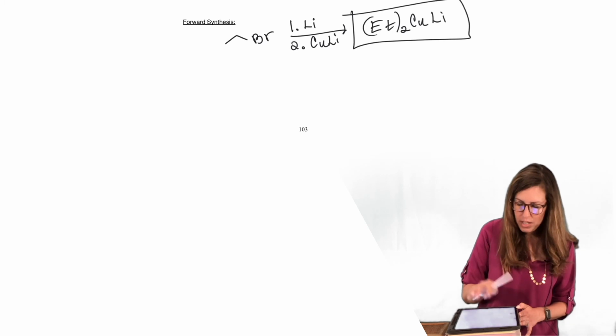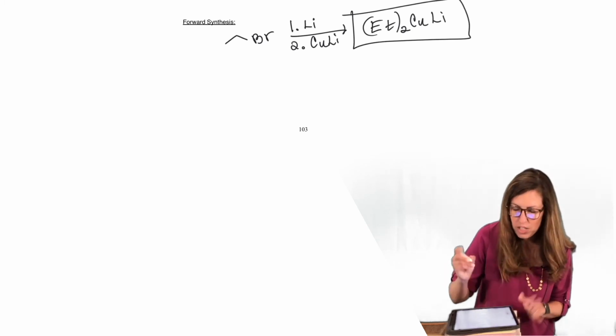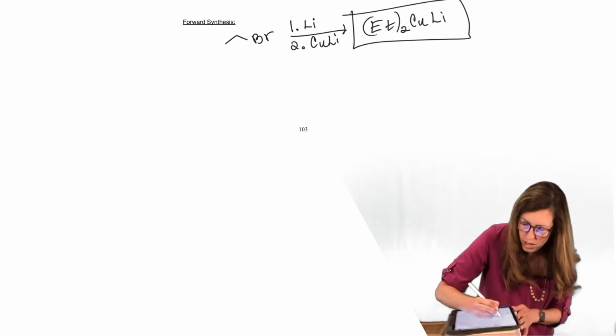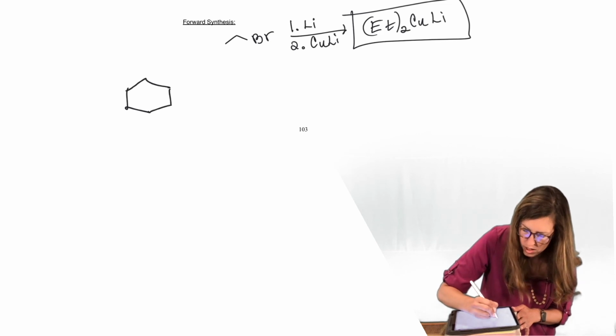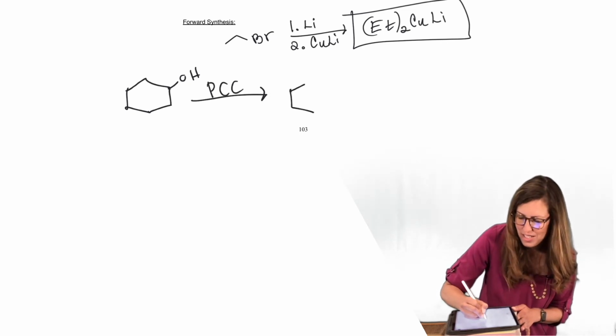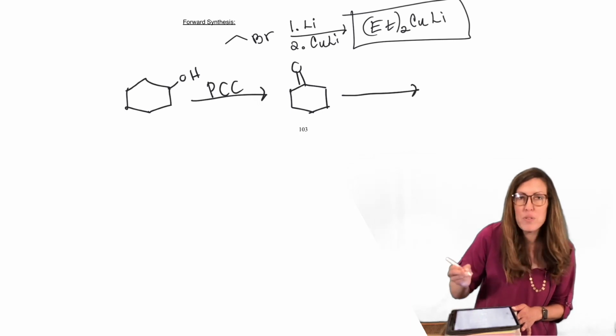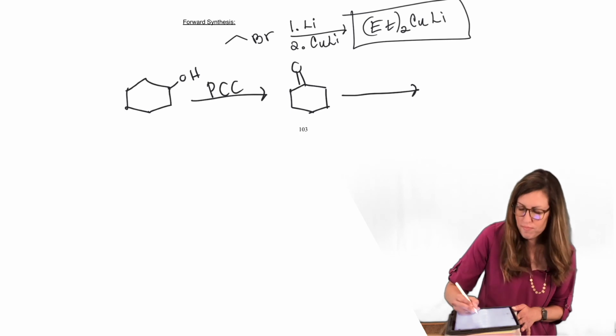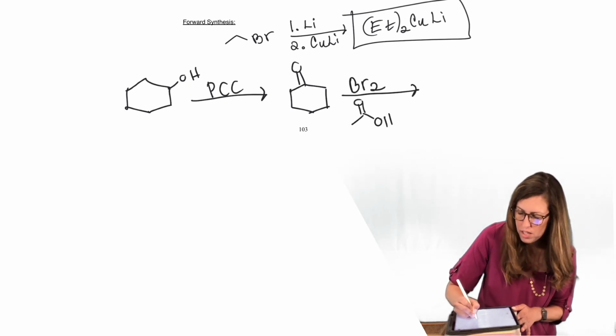Now I'm going to take my cyclohexanol and oxidize it. Here's my ketone. Now I'm going to install the alpha halogen, Br2 with acetic acid.